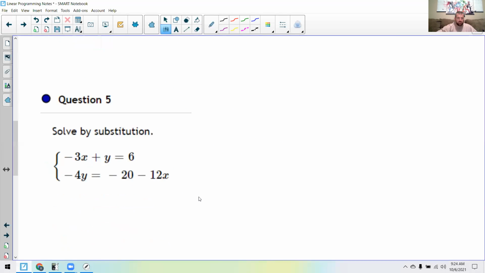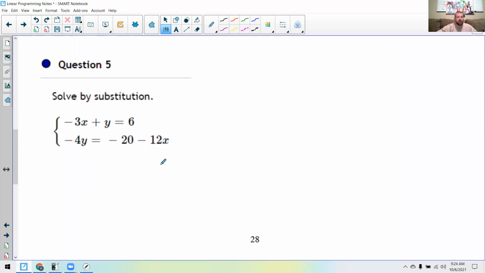Now this one says solve by substitution. Again, you don't have to use any method they tell you. I am going to use substitution here, but there's not any isolated variables. The y is by itself on one side, but it has this negative 4 here. So any idea what I can do first before I can start the substitution process?